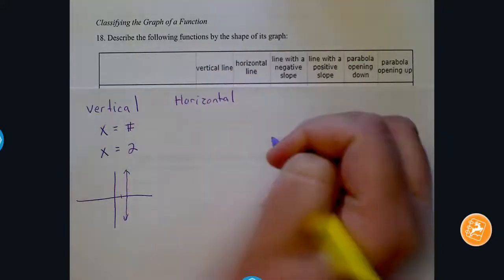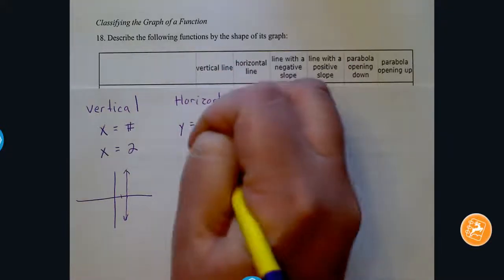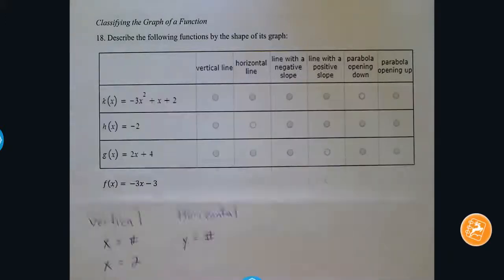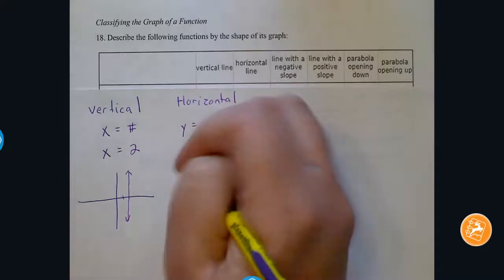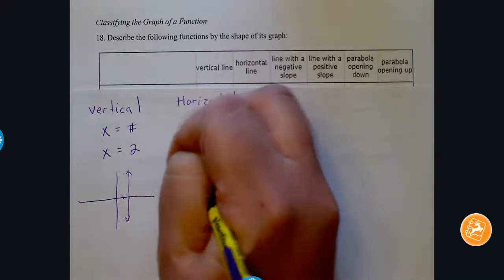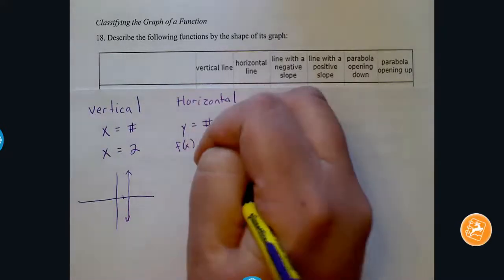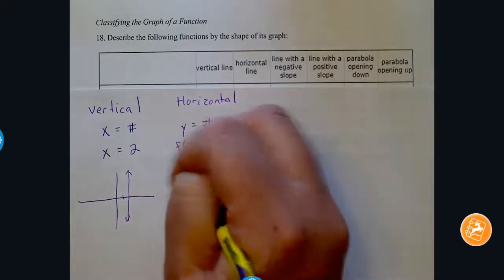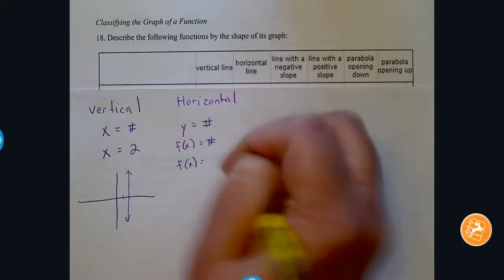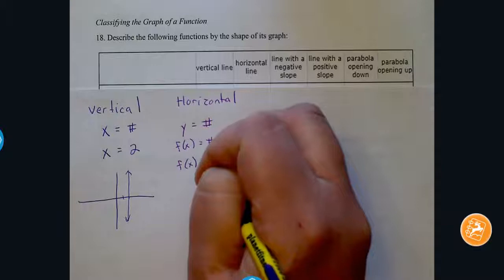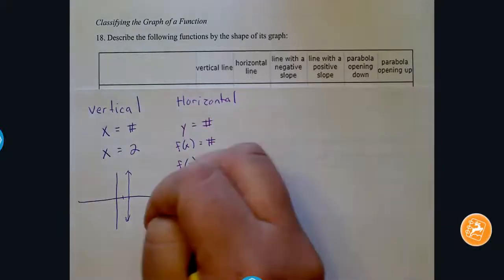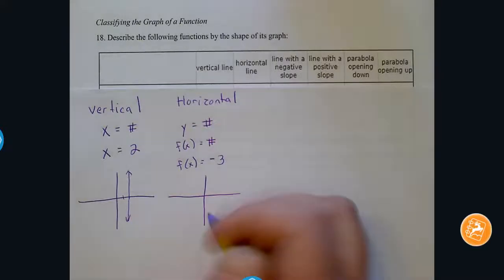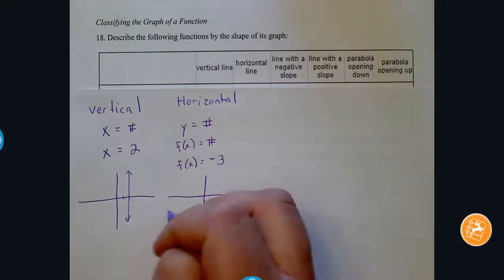A horizontal line would be y equals a number. Or in this case, because we are talking about function notation, it would be f of x equals a number. So if we had f of x or h of x or g of x, something like that, equaling -3, that would be a horizontal line at -3.